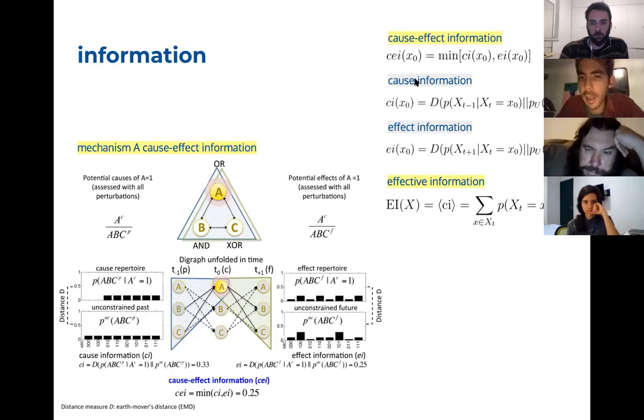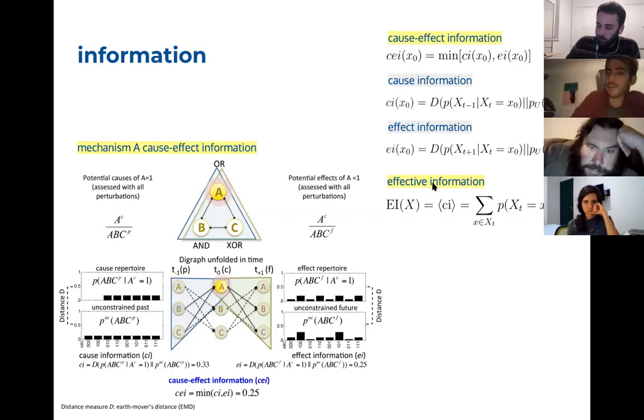And then cause-effect information is just the minimum of both, because if you have 0 of one of them, then you have 0 cause-effect information. And then effective information, which is the central concept for this stuff, is basically an average across all states of cause information.